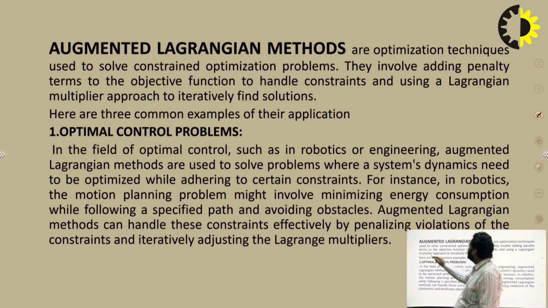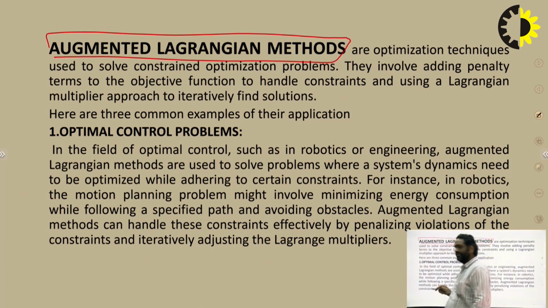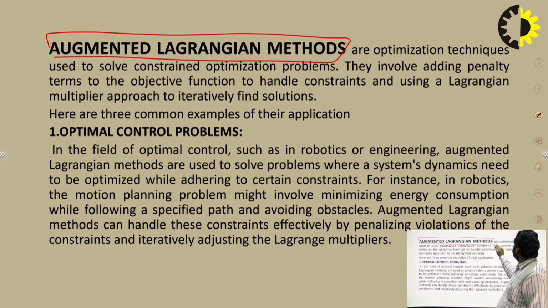Now the second topic is the augmented Lagrangian method. It is very important as far as our syllabus is concerned. So what is this? These are optimization techniques used to solve constrained optimization problems. They involve adding penalty terms to the objective function to handle constraints and using a Lagrangian multiplier approach to iteratively find solutions.